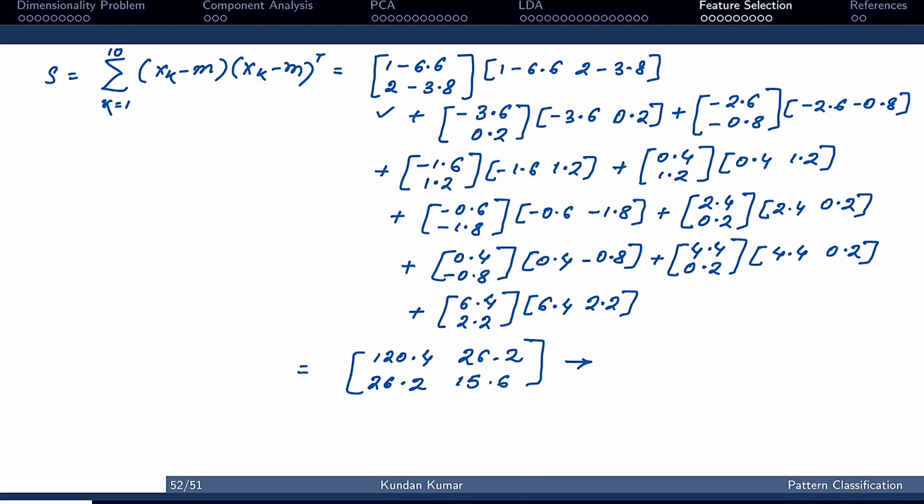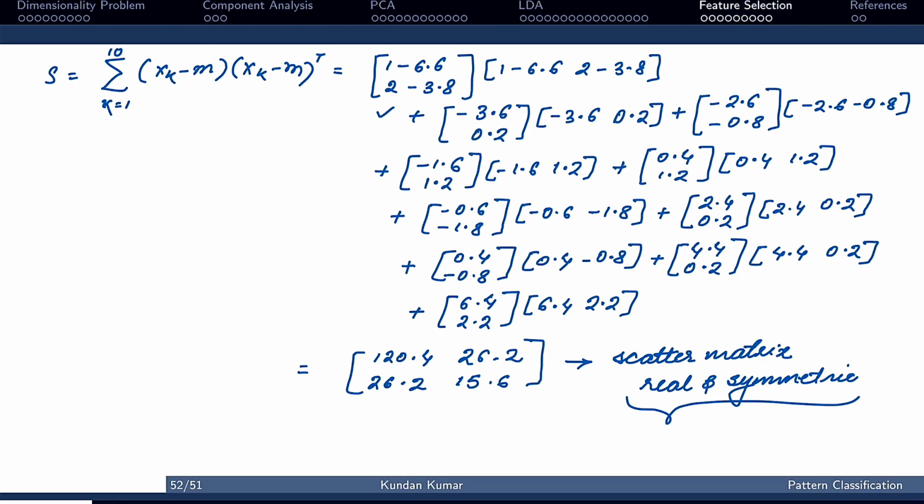So this is our scatter matrix, and this is real and symmetric. So when we compute the eigenvalues and eigenvectors of this scatter matrix, we will have the orthogonal eigenvectors. Now let us solve this scatter matrix for the eigenvalues and eigenvectors.